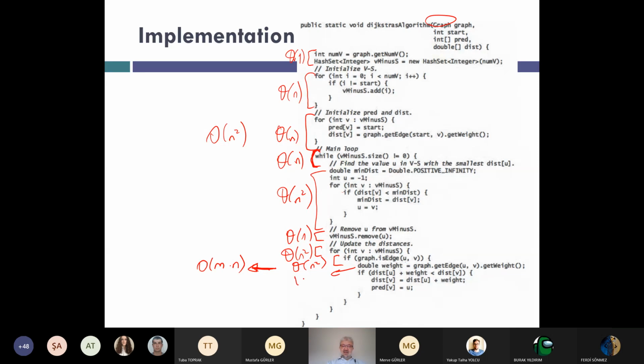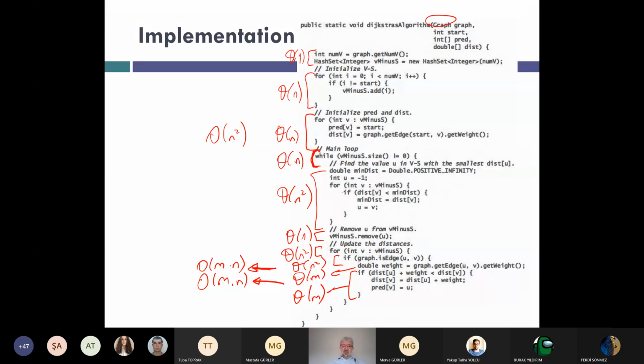So this will be theta n time for adjacency matrix, and this will be theta m time again in adjacency matrix. This will be different in adjacency list because of this get edge, like is edge. It will take linear time. So it will be O(m times n) again for adjacency list.